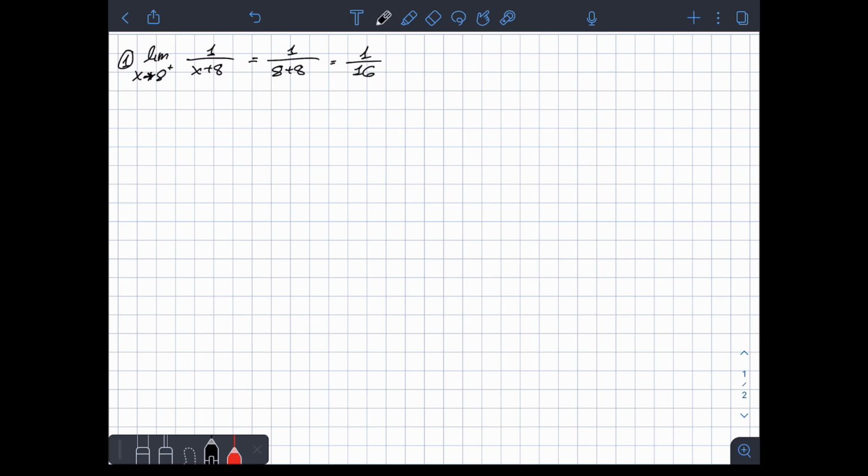Right, in this case, the limit is equal to the limit as x approaches 8 from the left of 1 over x plus 8. Those are both the same.